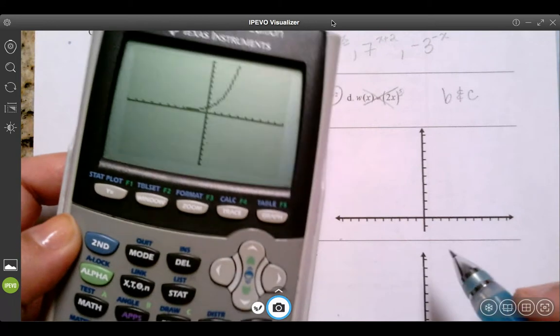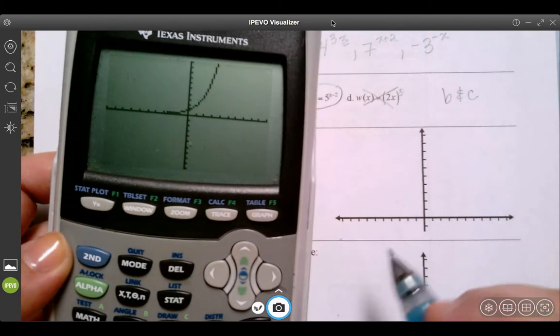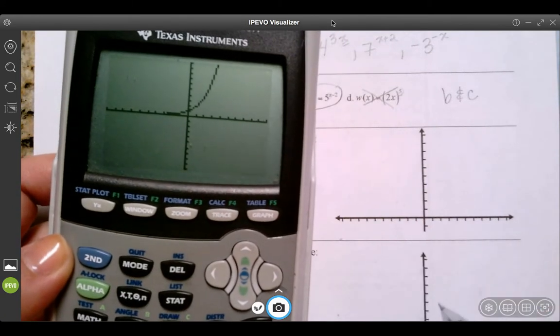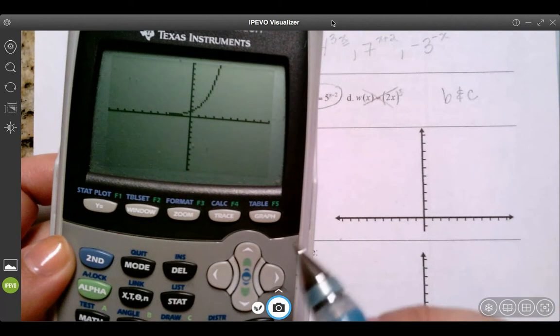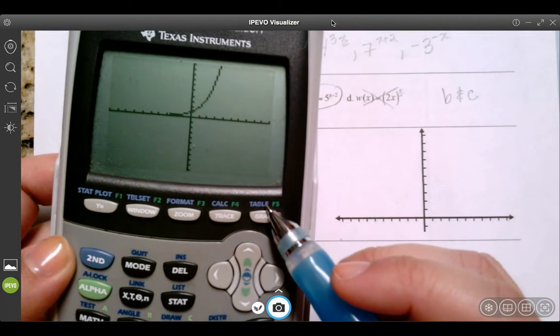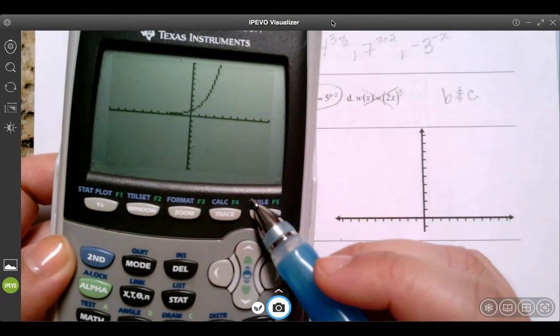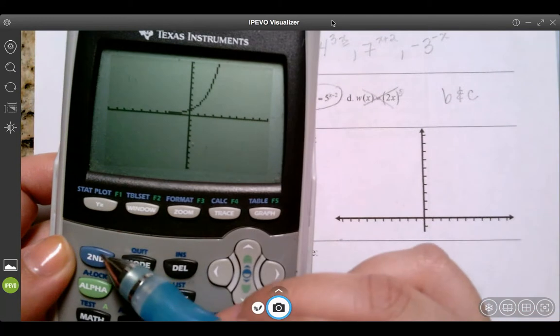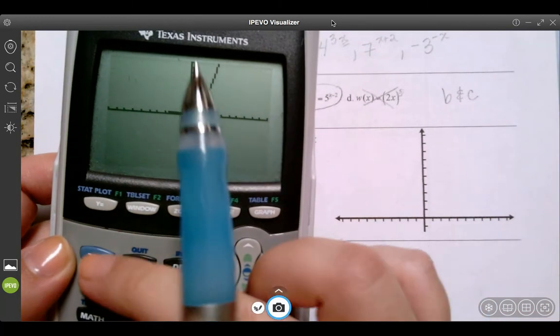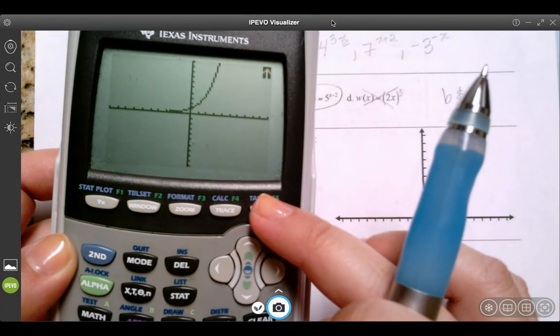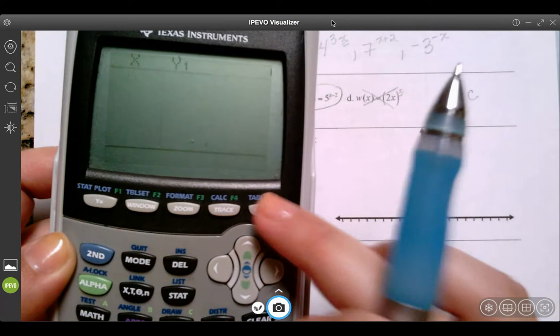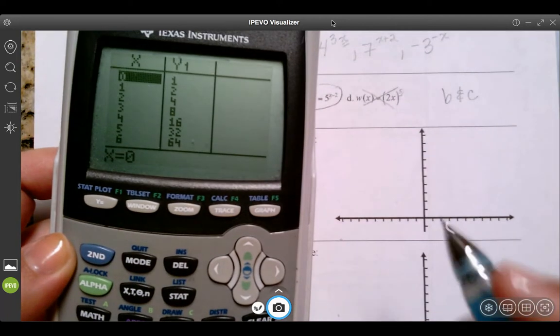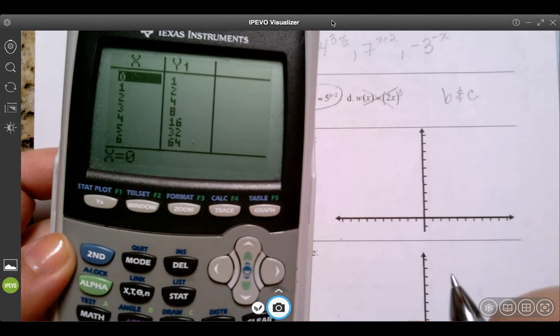To graph it, we're just going to sketch a graph and plot a couple of points. So how do we find the points to plot? Above the button that says graph, see how it says table in blue. I'm going to hit the blue button, which is second, and then graph. That will show me a table of values, which gives me a couple of points to plot.